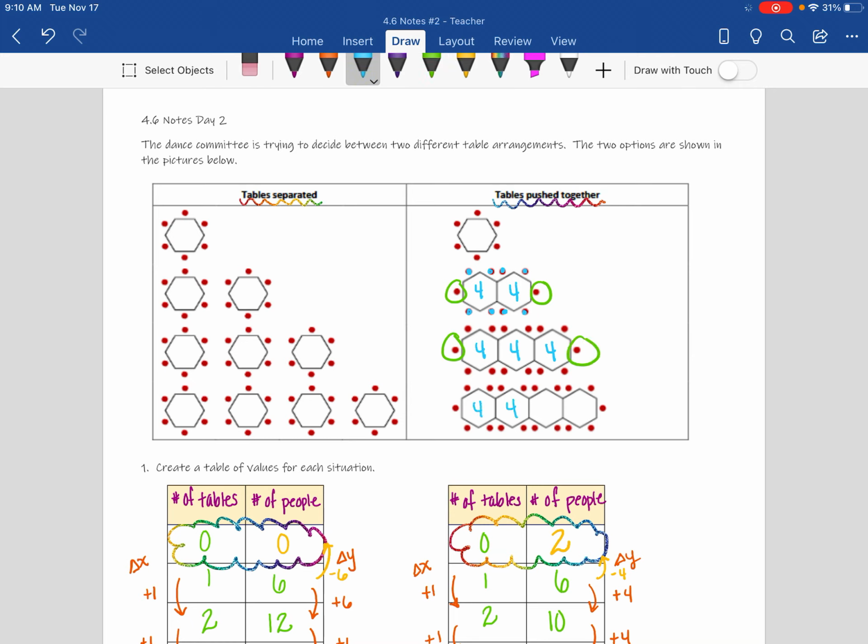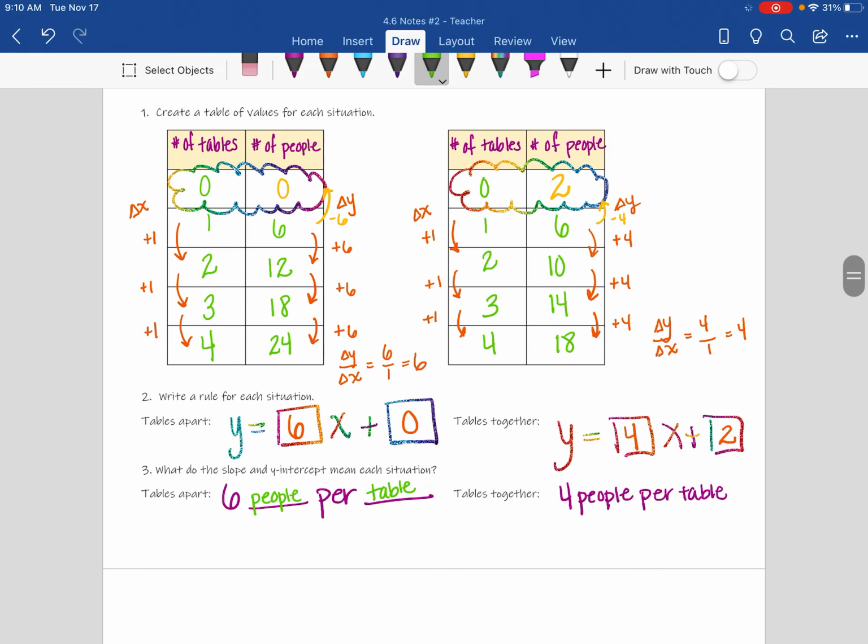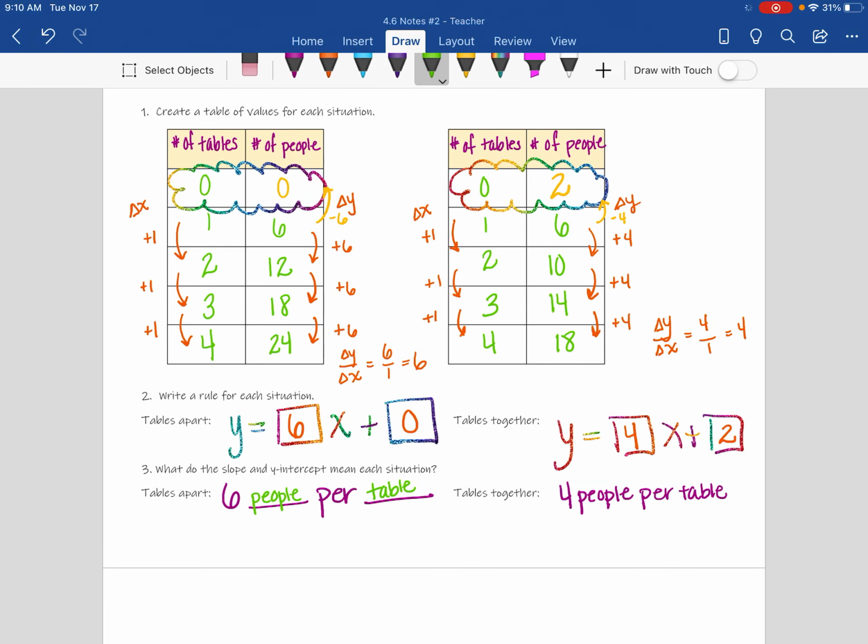I have 4, 4, 4, 4, plus 1 on each end. And that 1 on each end, that's our plus 2. That's the meaning of our y-intercept. So we have 4 people per table, plus 2 people, 1 on each end.